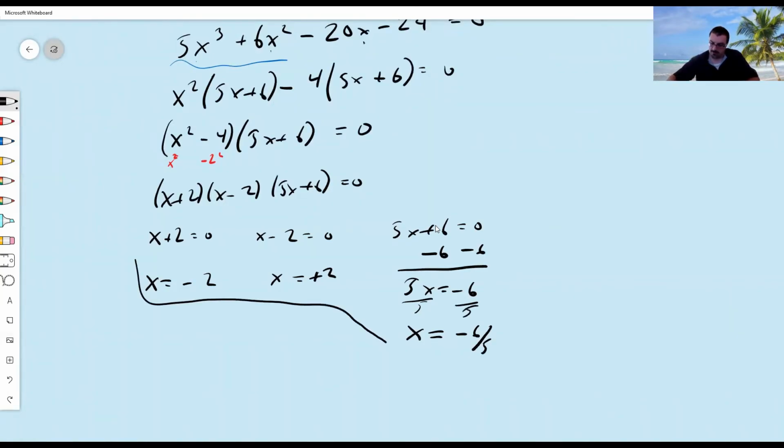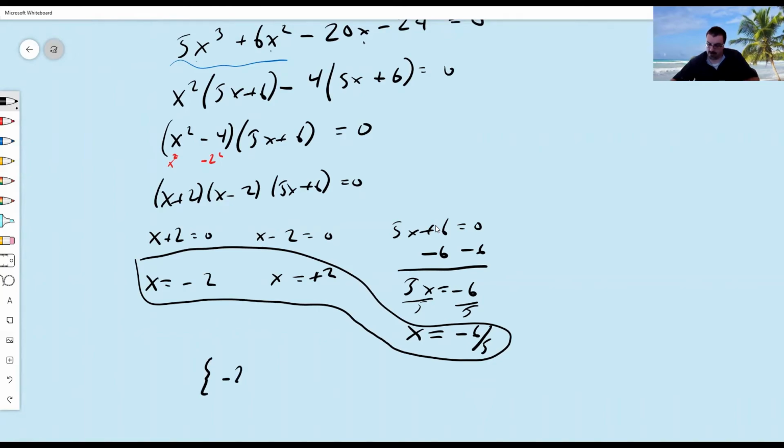So our answer, or if you like a solution set, is minus 2, minus 6 over 5, plus 2. That's our solution set.